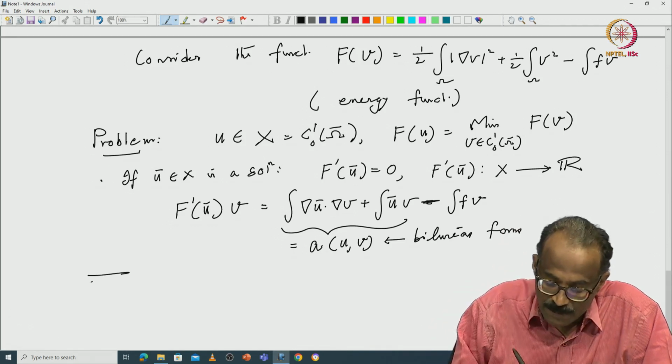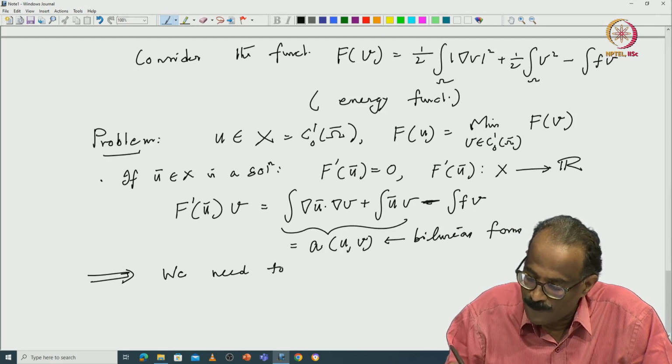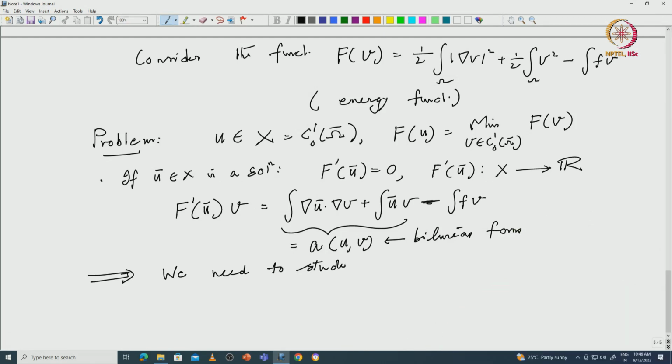And thus we need to study: find u bar in X such that A of u bar, v equals integral of f v for all v in X. I just want to tell why you need H1 naught.